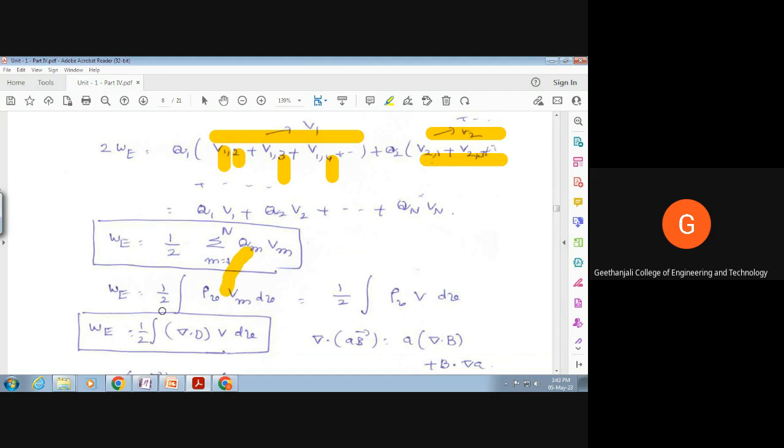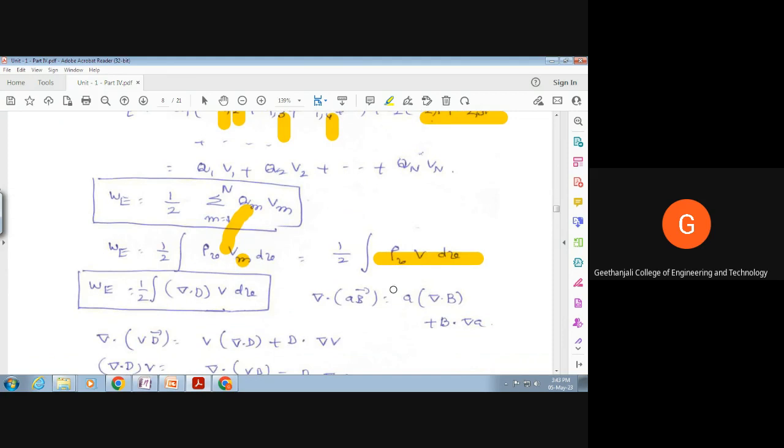So WE becomes 1 by 2 integral rho v V dv. Now this subscript m has no significance. Integral rho v into V dv. So this is the expression. And we also know that del dot D is equal to rho v. So in place of rho v, I can substitute del dot D. WE is equal to 1 by 2 integral del dot D into V into dv.